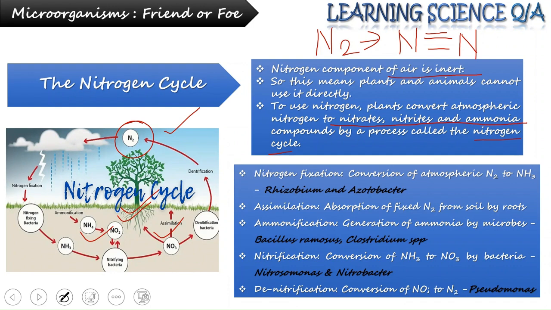Nitrification, that is the conversion of ammonia into NO3 followed by NO2, which is done with the help of the bacteria Nitrosomonas. Nitrification involves the conversion of ammonia into nitrate and then nitrite, done by the bacteria Nitrosomonas and Nitrobacter.